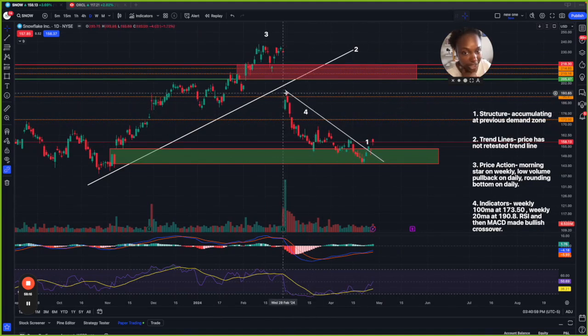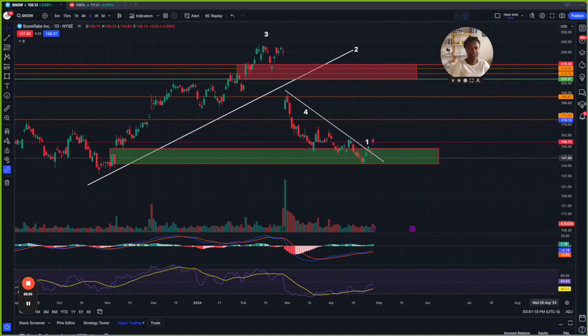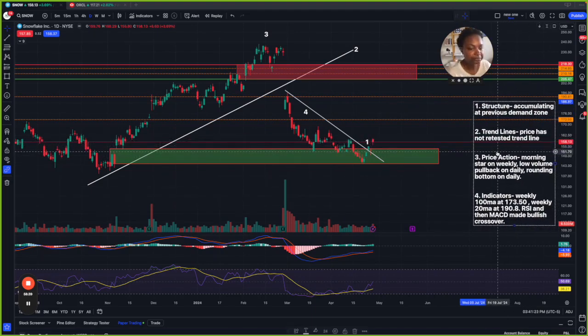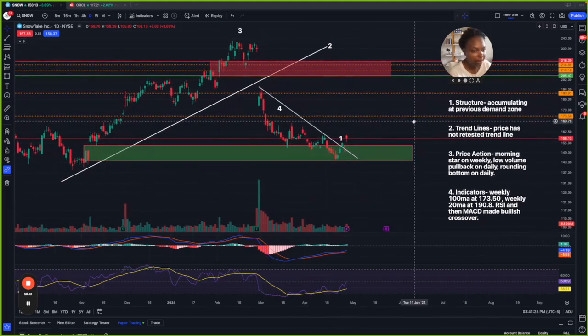I need to see when price broke said trend line. So we have this high from March 1st, rejected it again April 12th, and then we broke out of it April 24th, pulled back a little bit on Thursday, and then gapped up out of that on Friday. Let me move that because I don't want y'all to get too hyper focused on that.